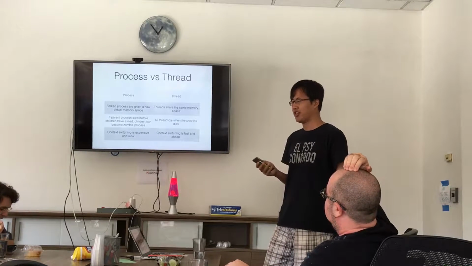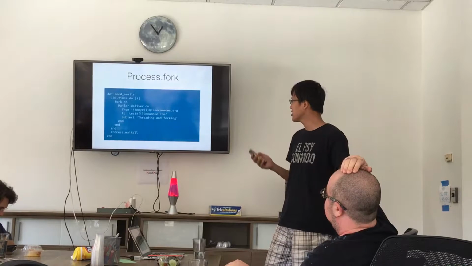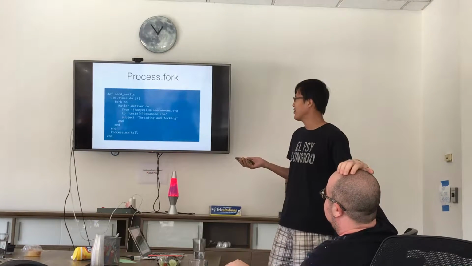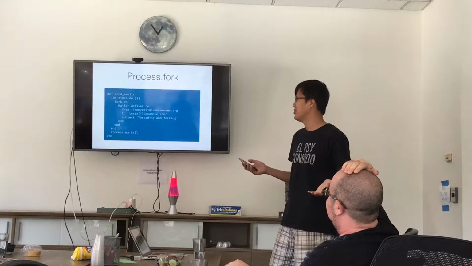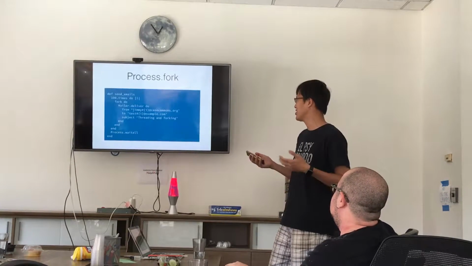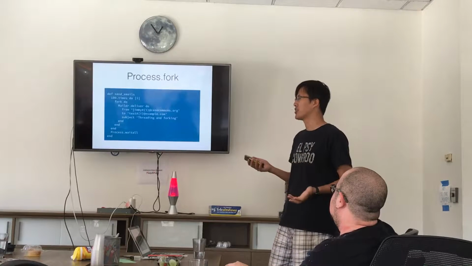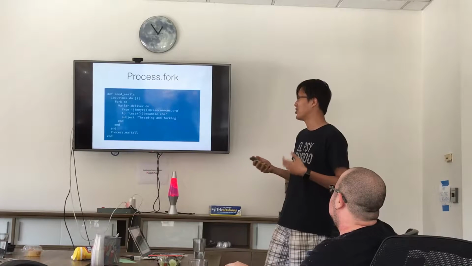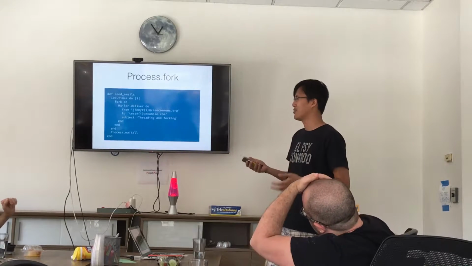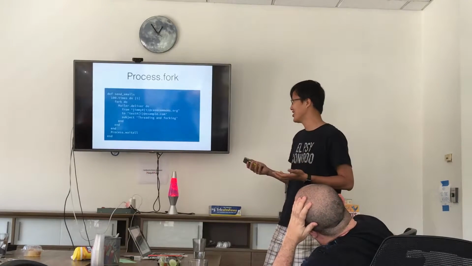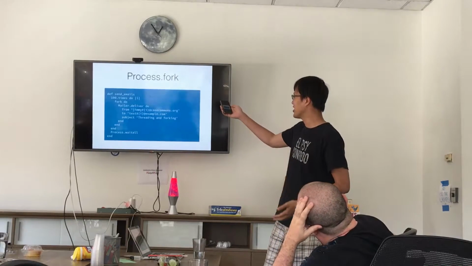So we'll talk about threads. This is how you fork a process. For example, if I have a send email job and I want to send 100 emails, I can directly call fork, or process.fork. With this call, you generate another process with another PID and another thread inside the process, and it runs the code inside that fork.